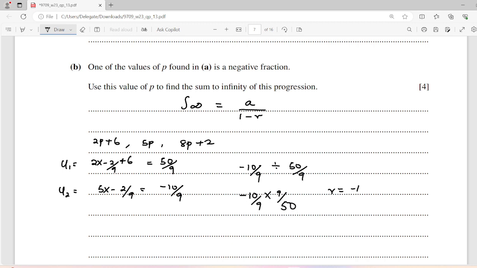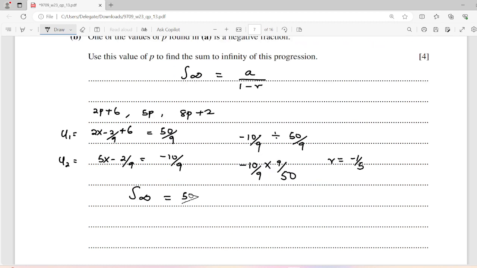So I know my first term, I know my common ratio, so all I have to do is substitute in the formula for sum to infinity. So I'll say 50 out of 9, dividing by 1 minus negative 1 out of 5, which is simply 1 plus 1 out of 5.